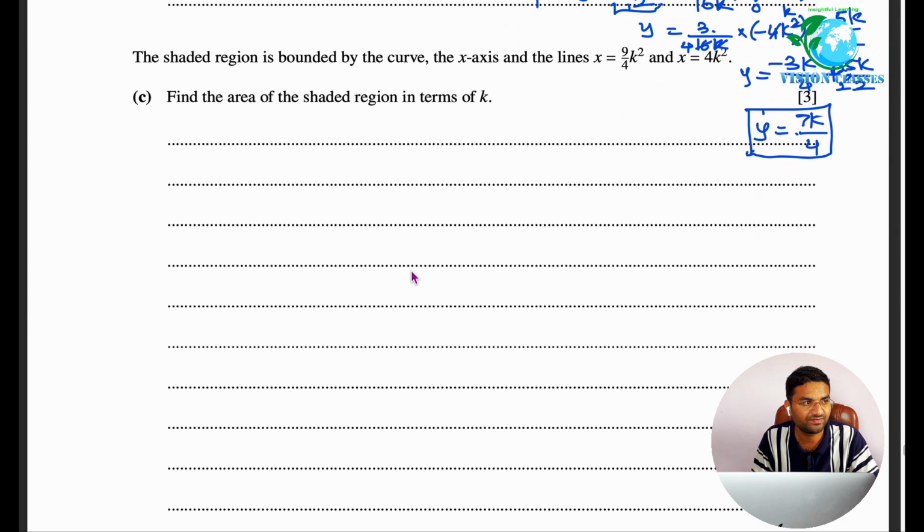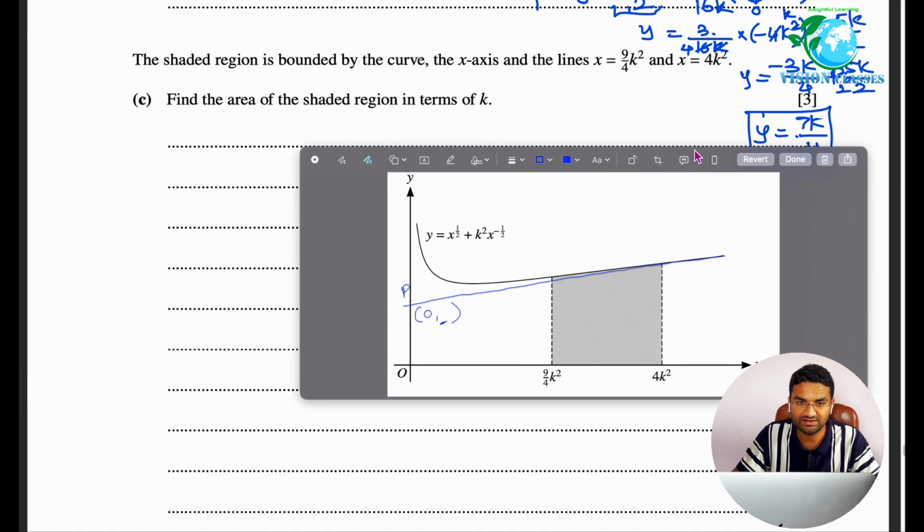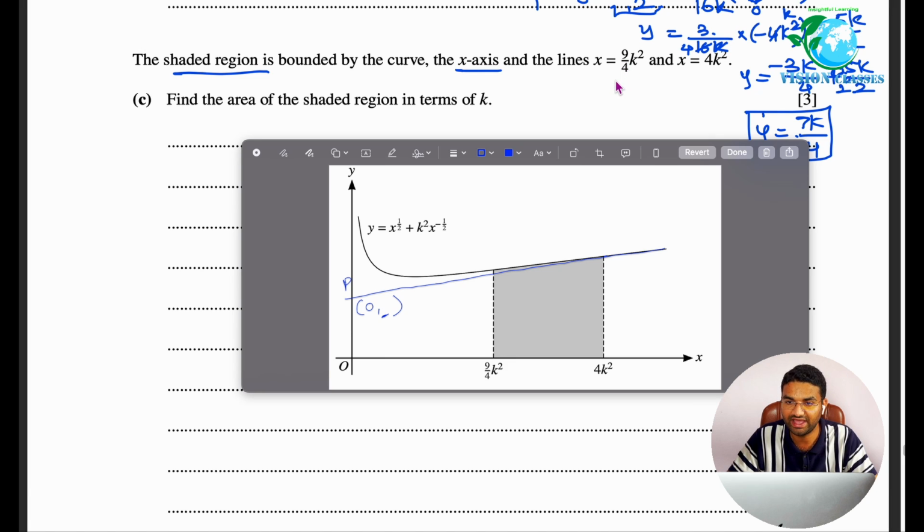next question is: the shaded region is bounded by the curve, the x-axis and the lines x is equal to 9 upon 4 k square and x is equal to 4k square.